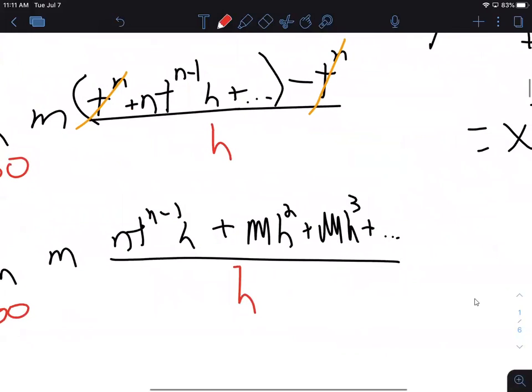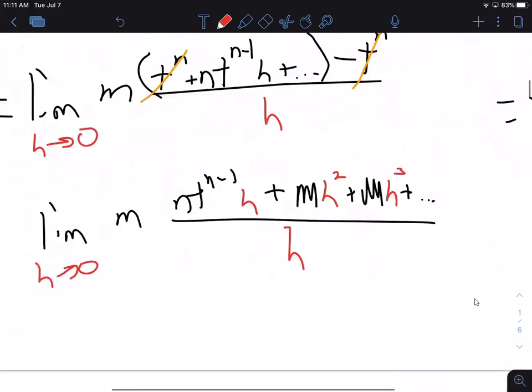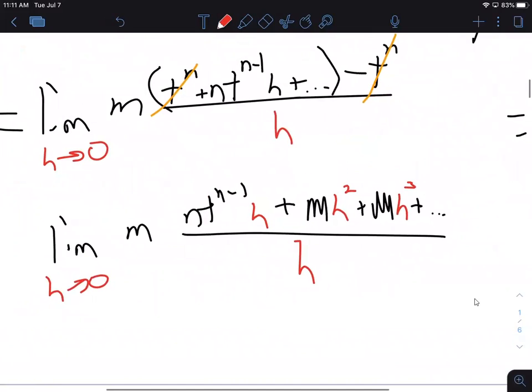And again, I messed up here. We should be having these all be different colors. All right. And hey, all these at least have one h in them. So I can cancel this h in the bottom with one of the h's on the top.